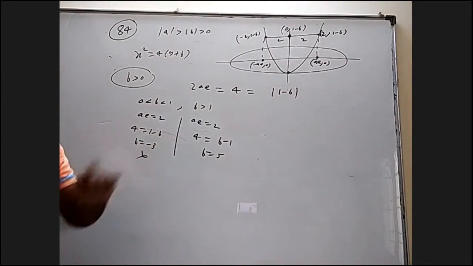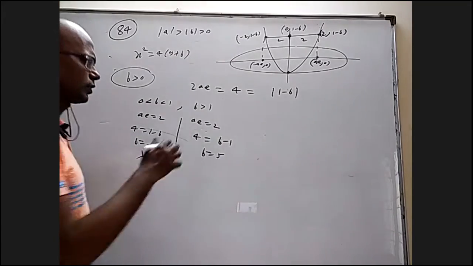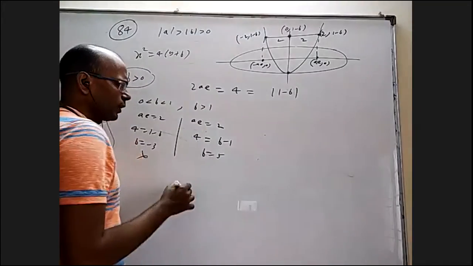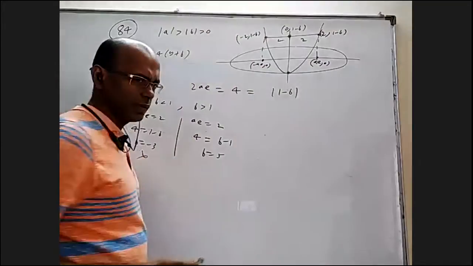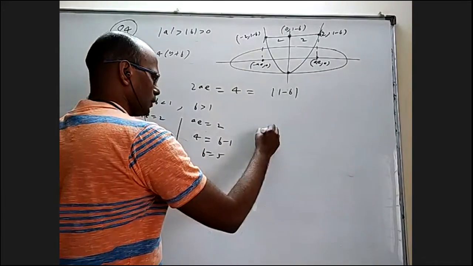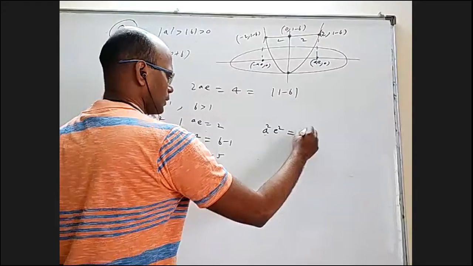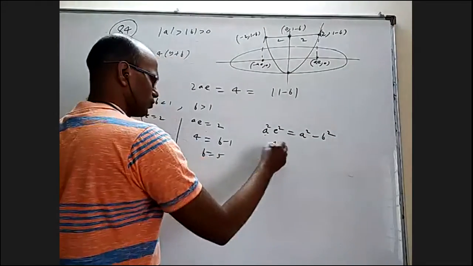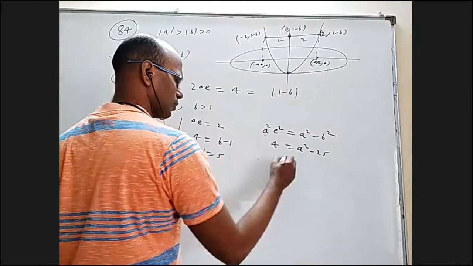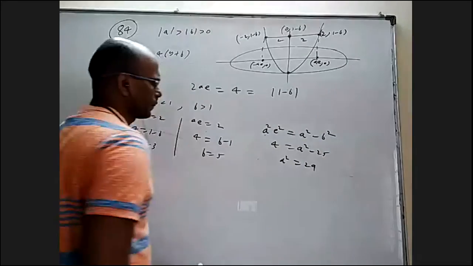And I think last time, here only we got some answer. The answer was not there, so we stopped maybe. What do they want anyway? Eccentricity. a squared e squared is equal to a squared minus b squared. This is 4, this is a squared, this is minus 25. So a squared is 29.